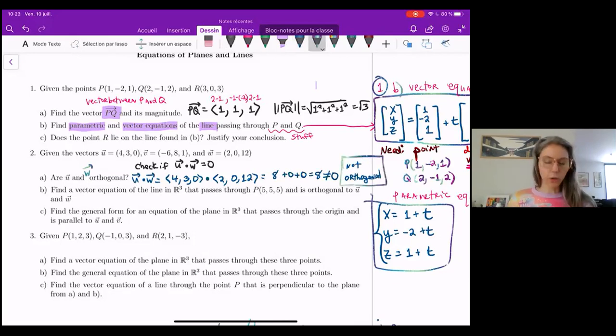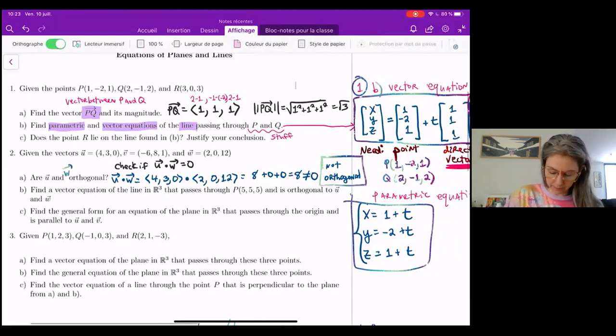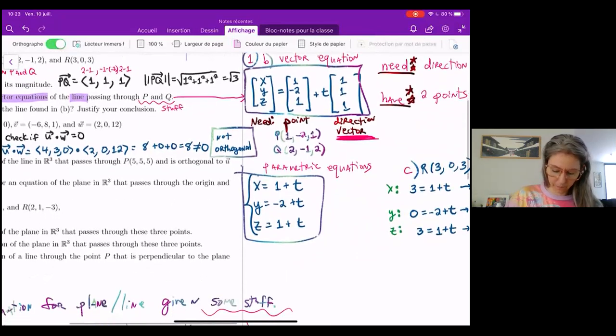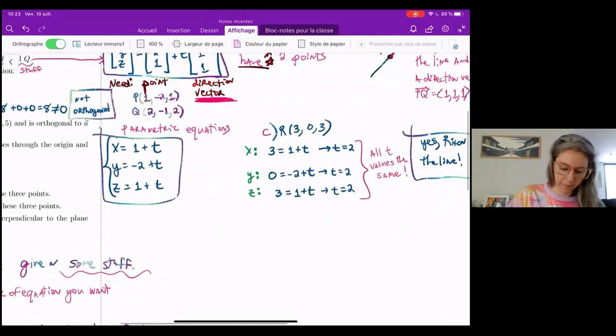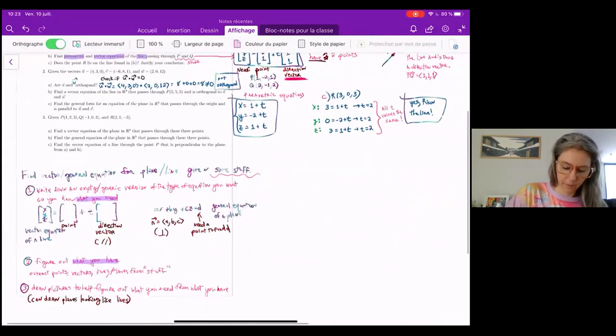Good, okay. So now B brings us to a little bit of a more challenging question. Find a vector equation of the line in R3 that passes through this point and is orthogonal to both U and W. Okay, so let's think about this.